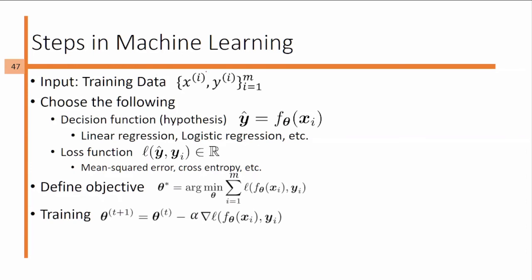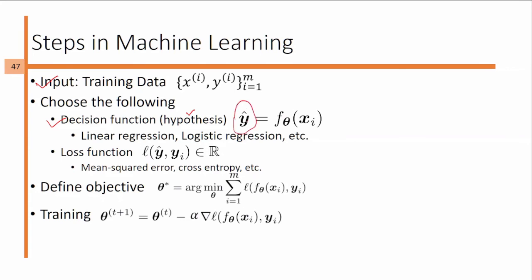Just to review what we've done: when we do any kind of machine learning, we first have the input data, that is called the training data, of m samples. And we choose a function to fit our data, which is called the decision function or the hypothesis.